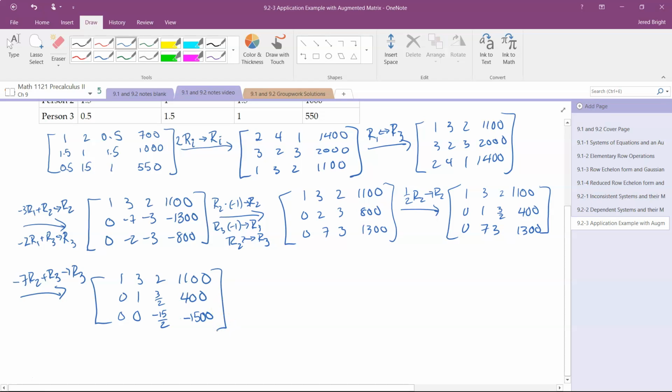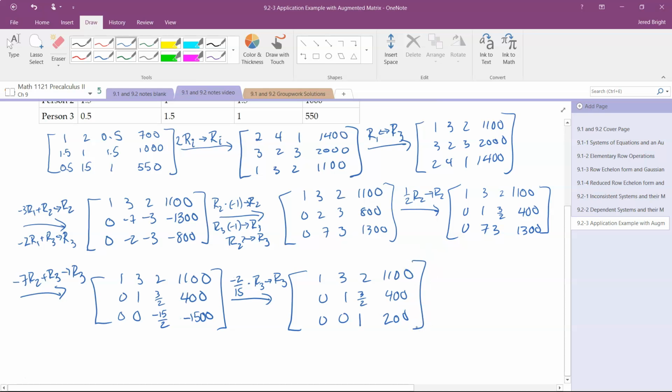Yep. Okay. So then, lastly, I would just take -2 over 15 times row 3 and put that in row 3. And I have 1, 3, 2, 1100, 0, 1, 3 halves, and 400, and 0, 0, 1, and this is going to give me 200.